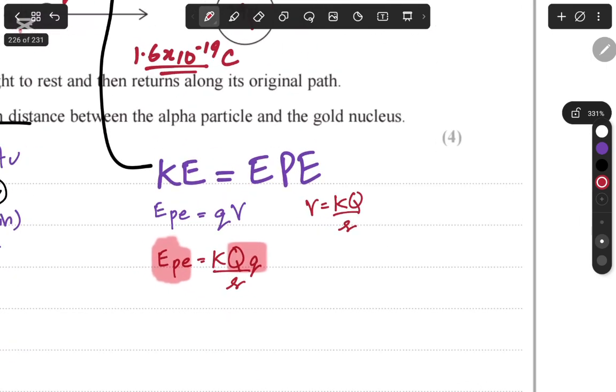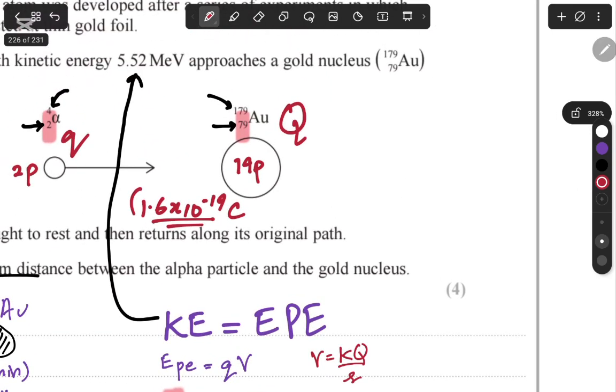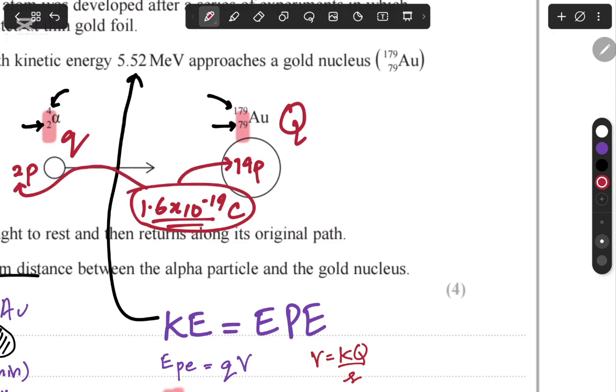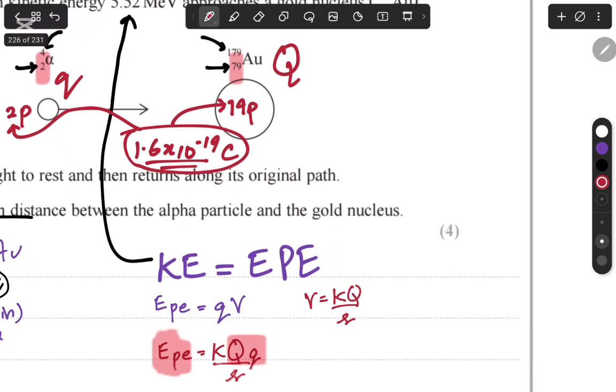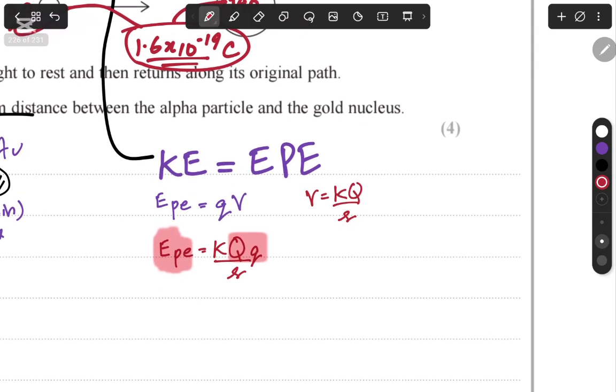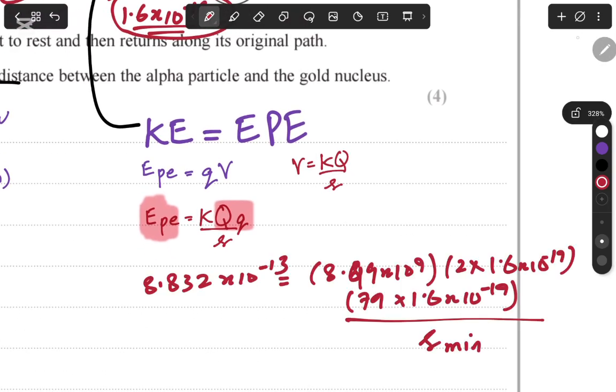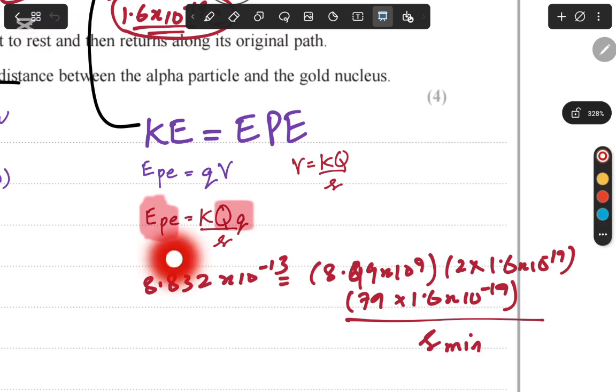Now all we have to do is multiply this number with 79 and with 2 respectively for both of them. And we can get the charge for both of them and then multiply the charges. Now here what I've done, I've plugged in the value of my electric potential energy at the minimum distance, the value of K, 2 times the charge on a proton.